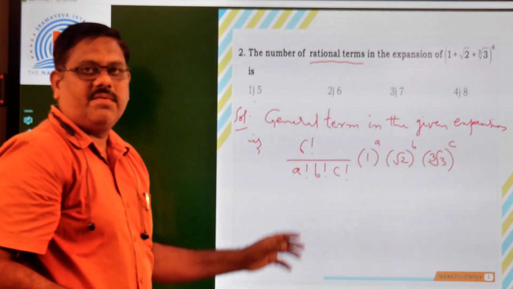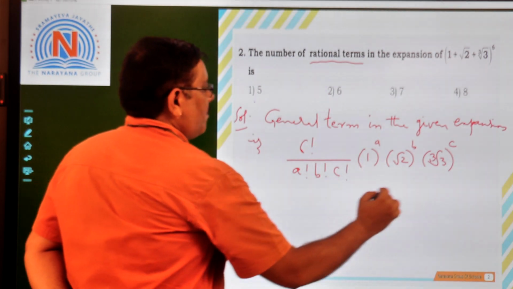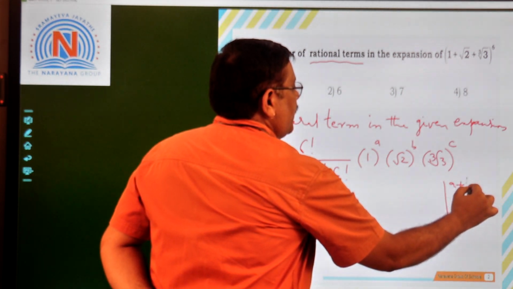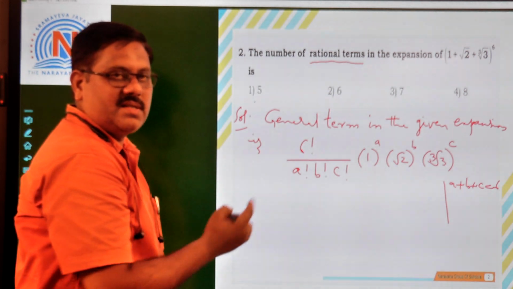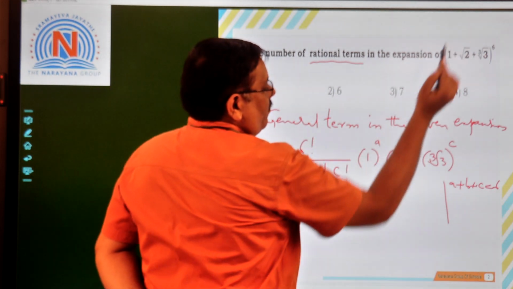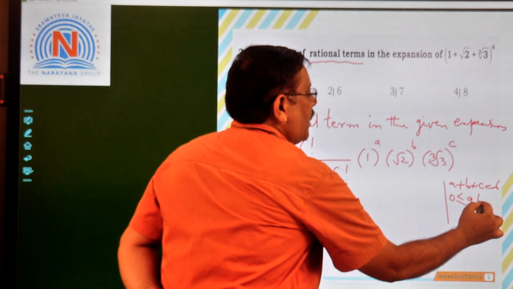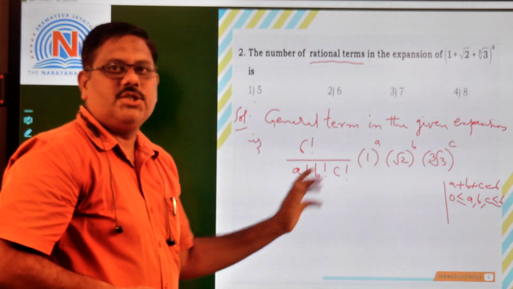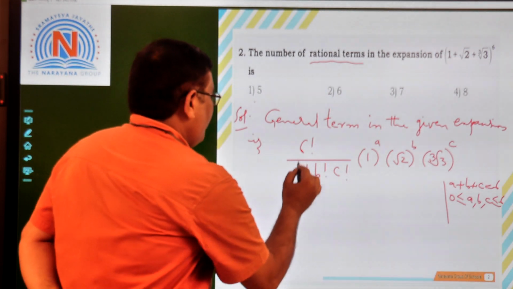This is a general term of a multinomial. Of course we can say one statement, that a plus b plus c put together must be 6. A plus b plus c sum up to 6, which is equal to the power of the multinomial, and 0 less than or equal to a, b, c less than or equal to 6. The a, b, c values must lie between 0 and 6. It can't be beyond 6 or less than 0. Now we can simplify this.